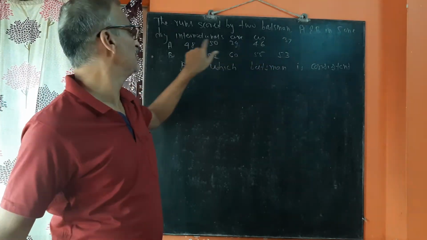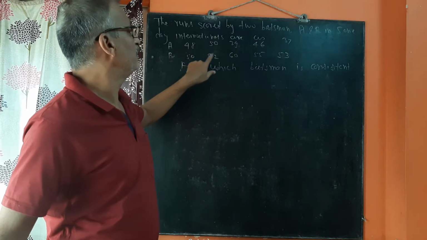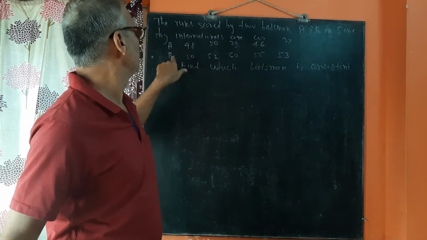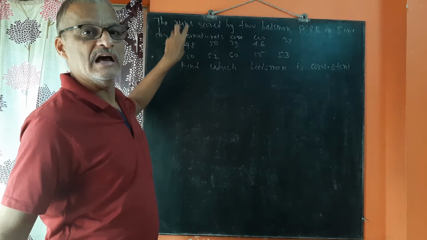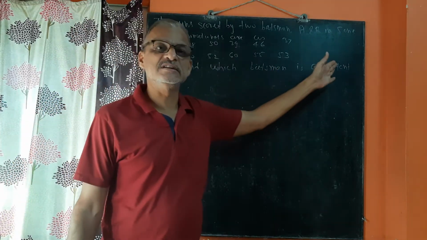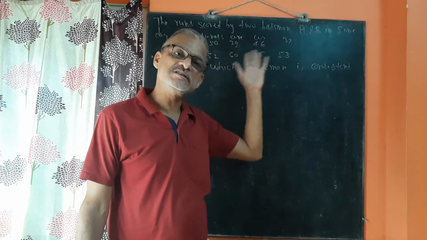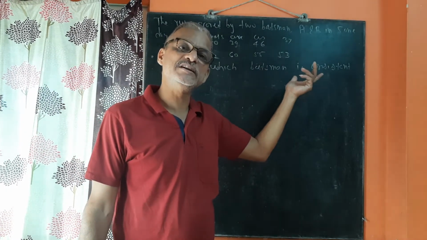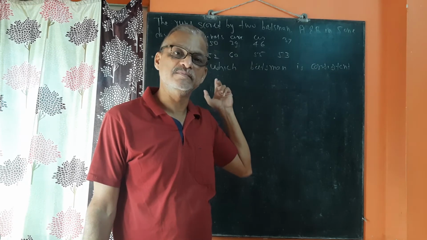These are the runs scored by batsman A. 50, 52, 60, 55, 53 are the runs scored by batsman B. Out of these two, you have to find out which batsman is consistent. Which batsman is consistent, that means which batsman should be selected in the playing 11.